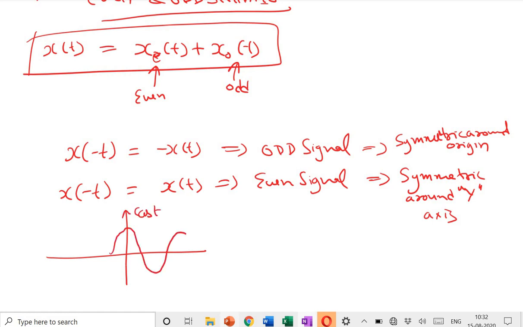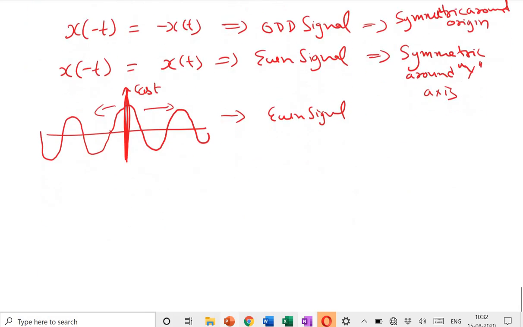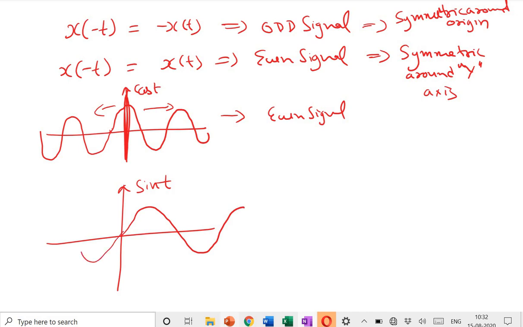Look at the plot of the cos t function. It's an even signal and clearly it is symmetric around the y-axis. And similarly, if you look at the plot of the sin t function, it is symmetric around the origin.